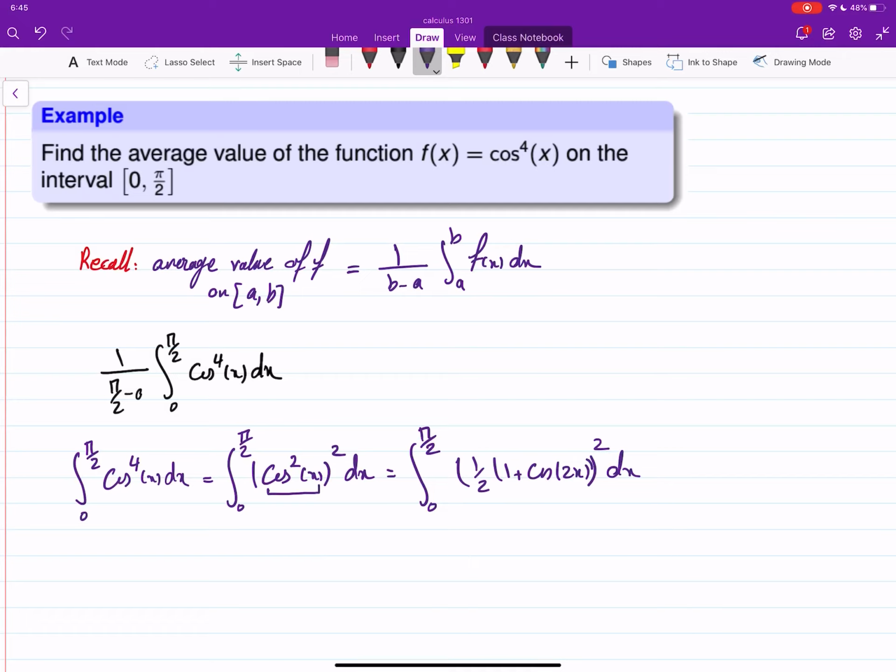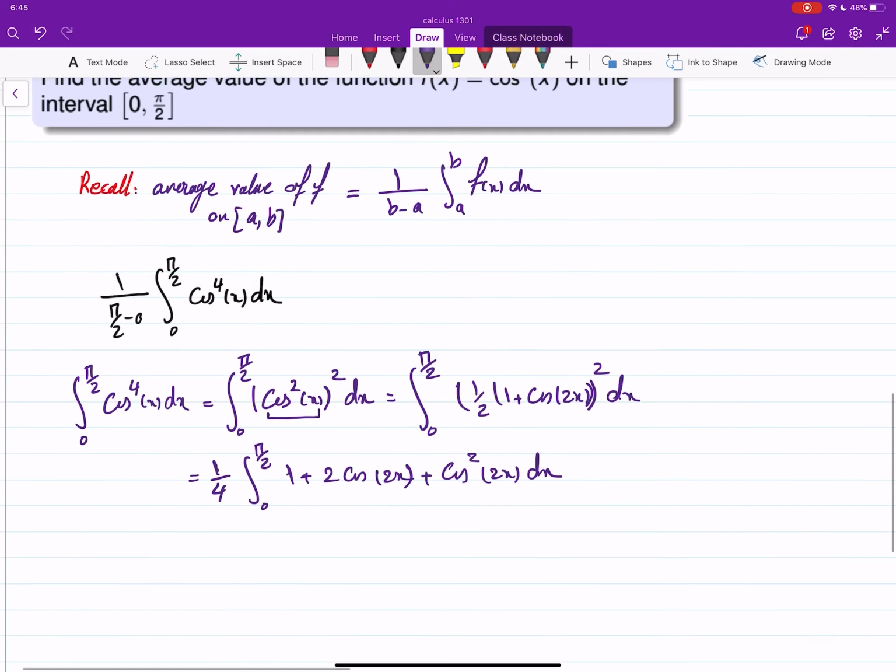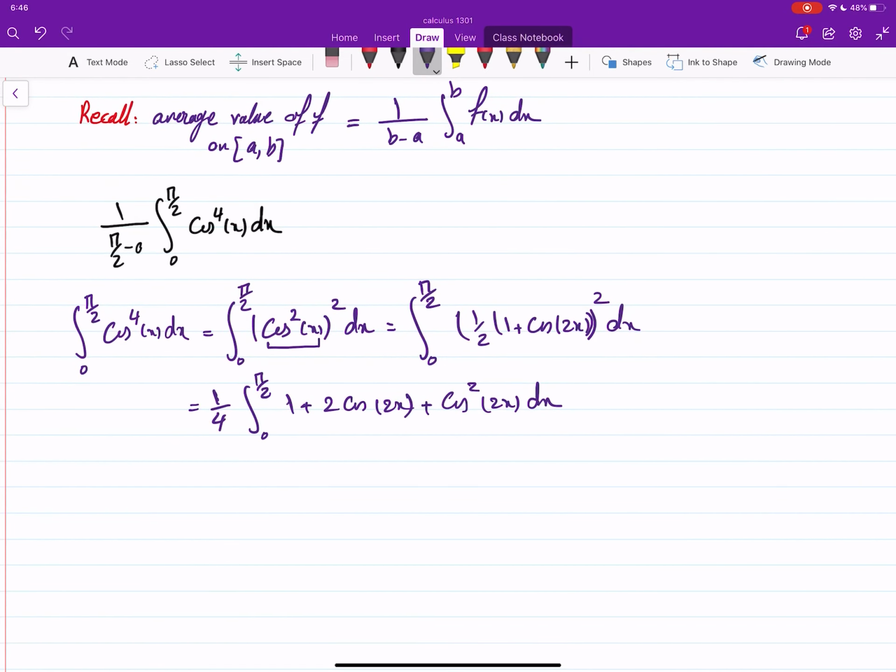And then when you expand that, that's always the next step. Expand it, you get 1 plus 2 cosine 2x plus cosine squared 2x. And now we have to integrate each one of these guys.